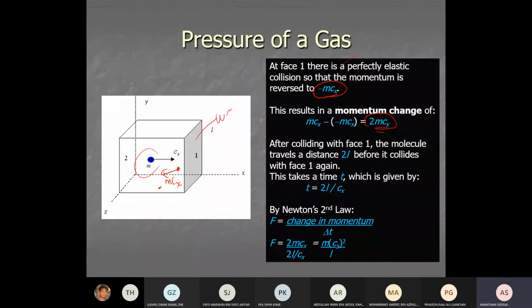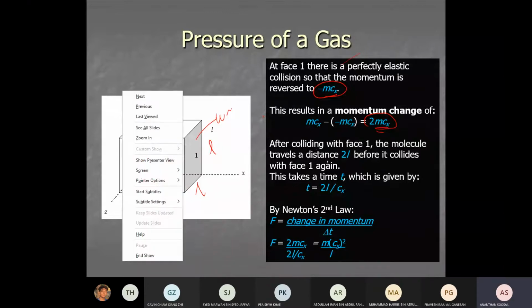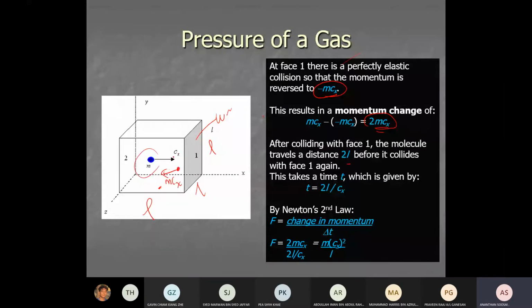So after colliding with phase 1, the molecule travels a distance of 2L. The box's horizontal distance is L. All sides are L, it's a cube. So after the particle collides with phase 1, the molecule travels a distance of 2L. Why 2L?